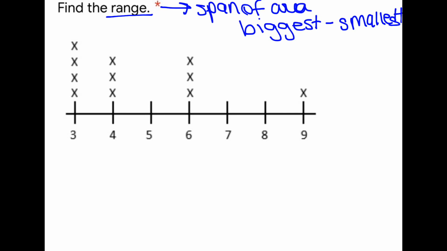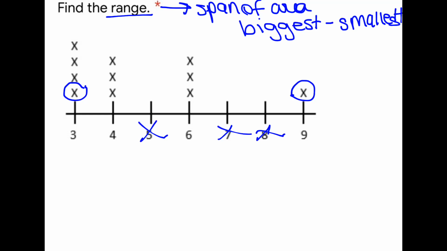So once again, our data consists of 3, 3, 3, 3, 4, 4, 4. There isn't any 5 in our data. 6, 6, 6. There isn't any 7. There isn't any 8. And there isn't any 9. So our smallest is a 3. And our biggest is a 9.